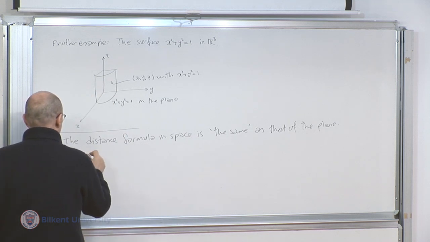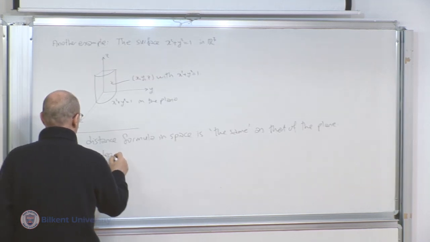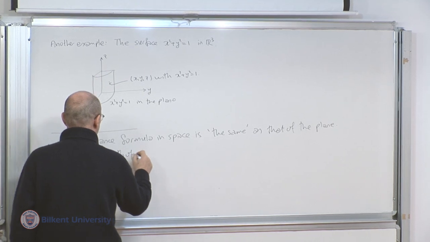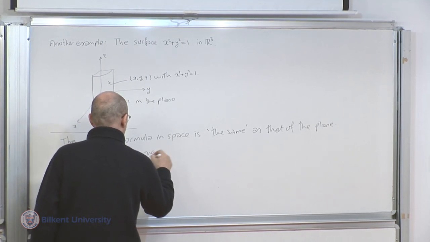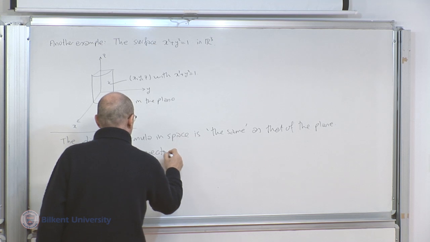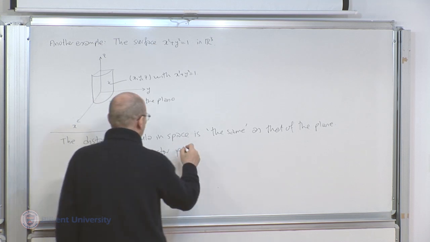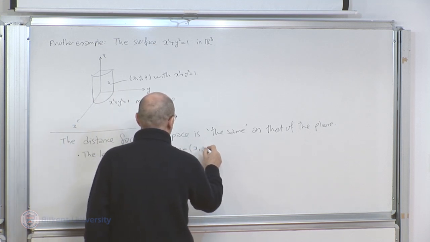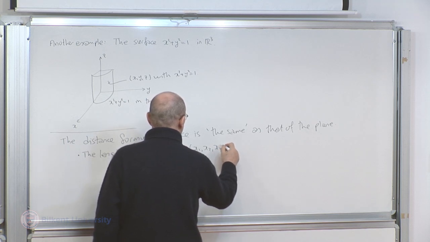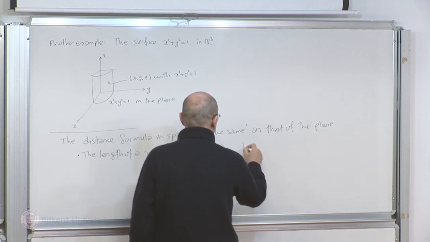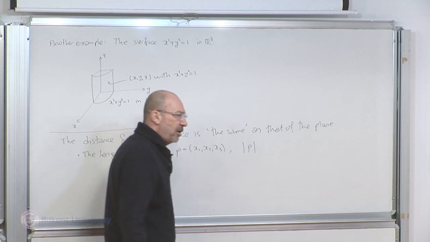So first of all, the length of a vector, let's say P. P will be given by (x1, x2, x3). We denote this like this.